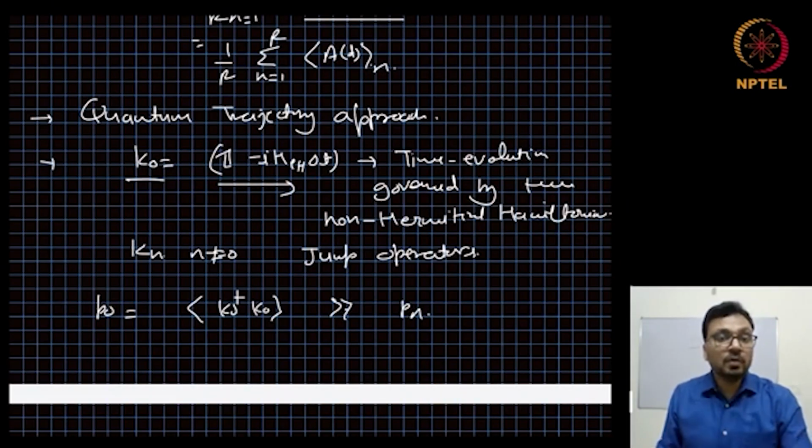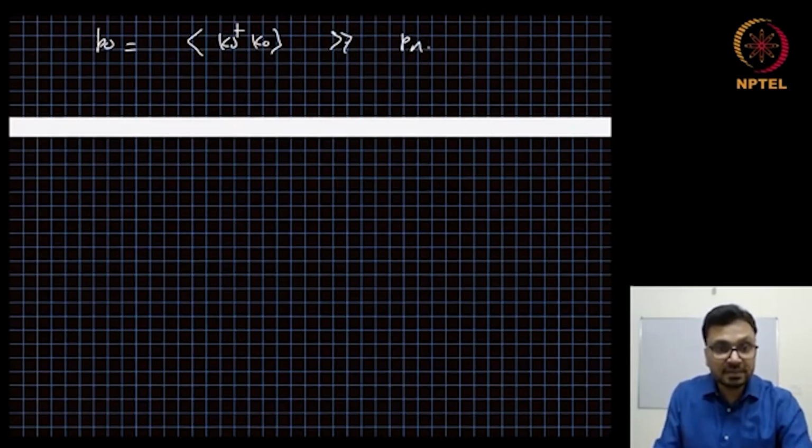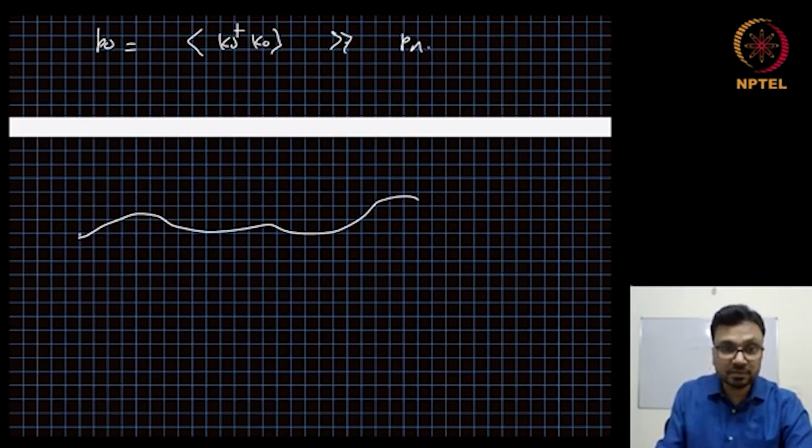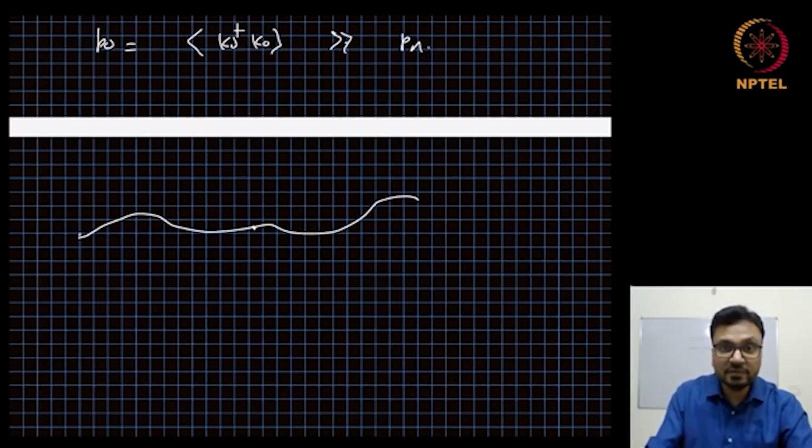Once in a while we see a jump happening. The whole process can be seen as we start from a state and get some evolution because of the non-Hermitian Hamiltonian, and once in a while there will be a jump. It will suddenly jump to some other state, and then it will start the evolution again from there using the non-Hermitian Hamiltonian.